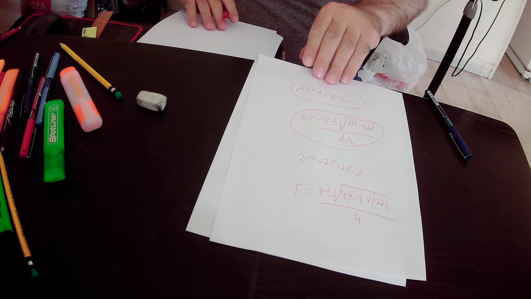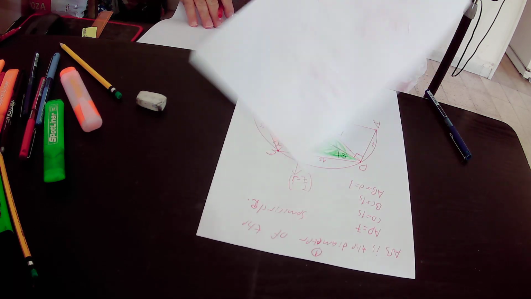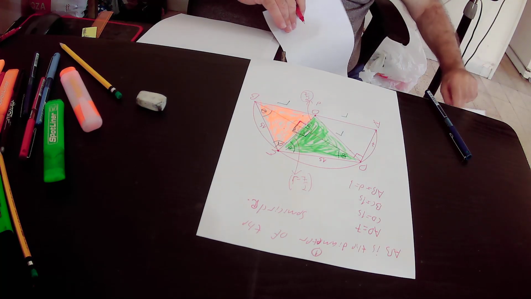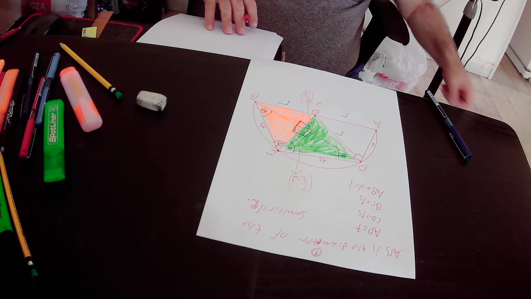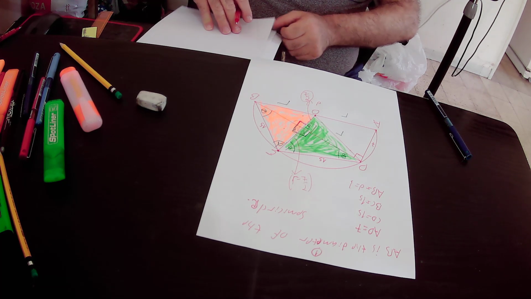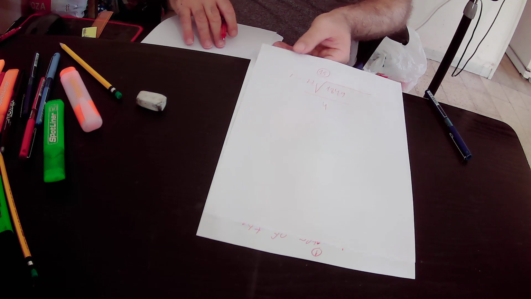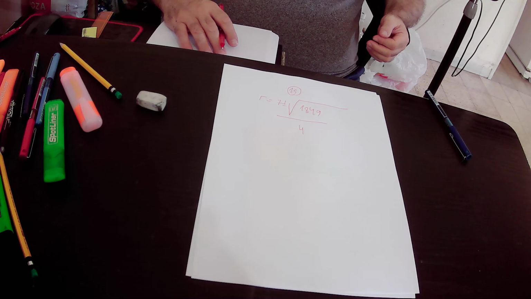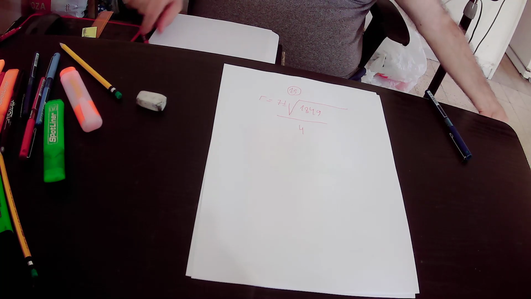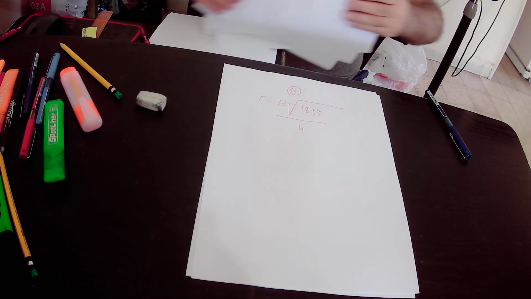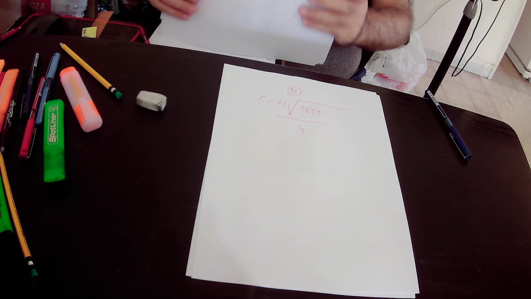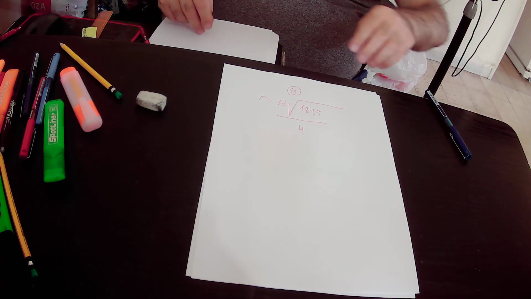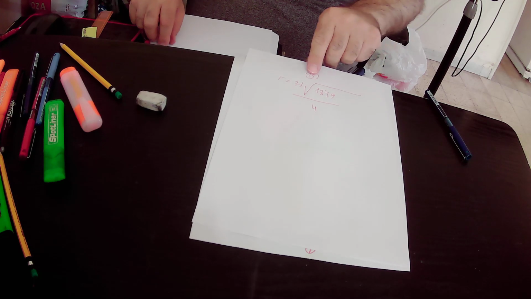So the radius of the semicircle equals 7 plus minus root of 1849, and the root of 1849 is 43, so I write it down.